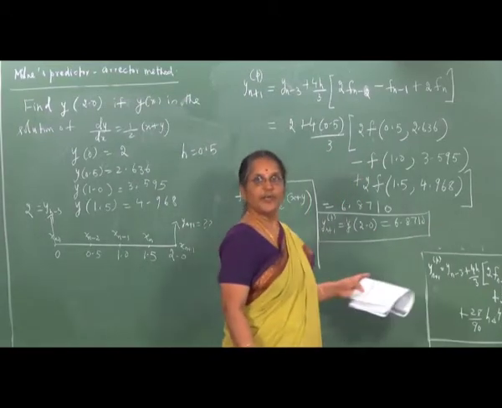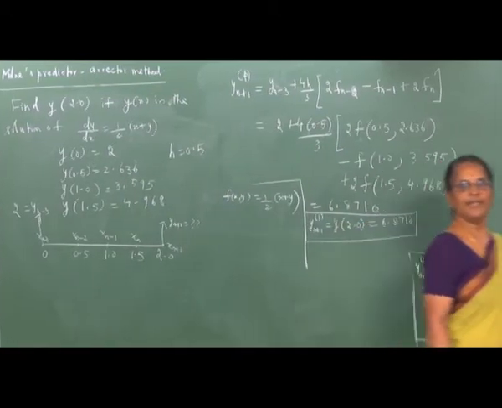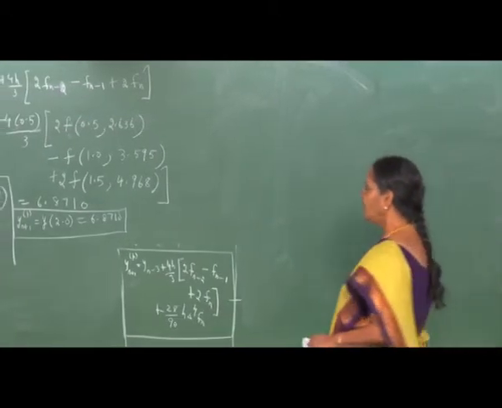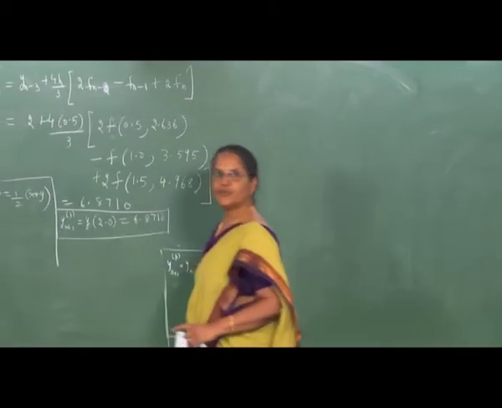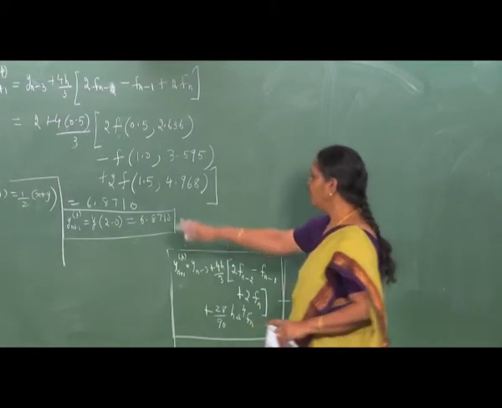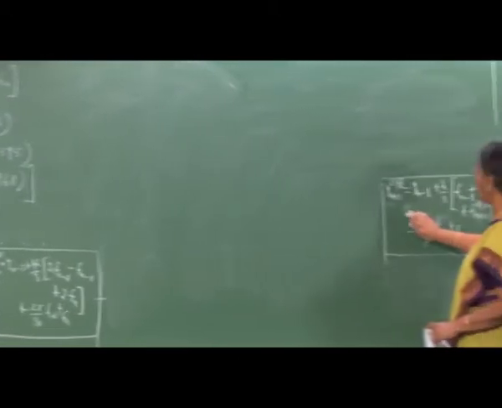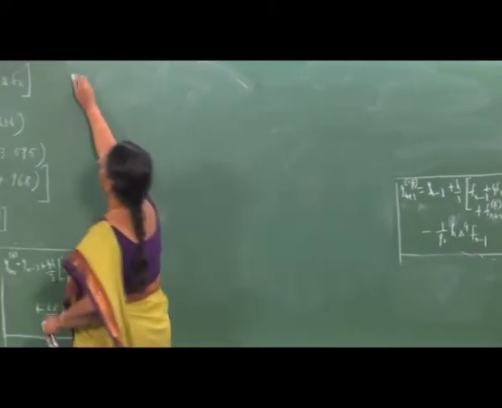But we need to solve the problem using Milne's predictor corrector method. So, we have a way to correct this solution. How do we do it? We use the corrector method which we have derived. What does the corrector say?